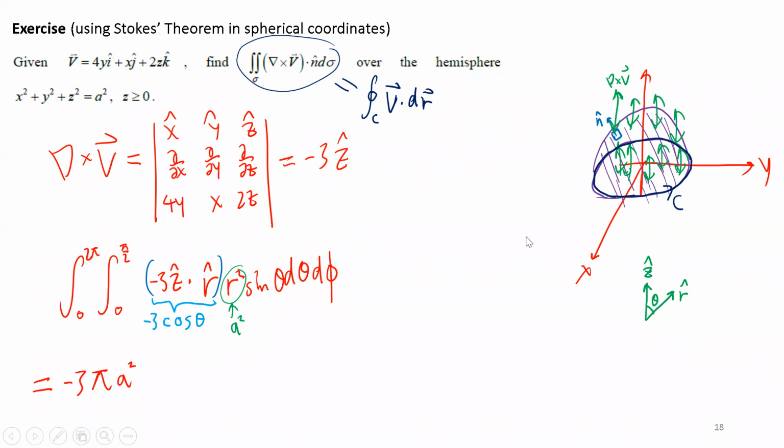So you can also try to do this line integral, instead of actually doing this flux integral.